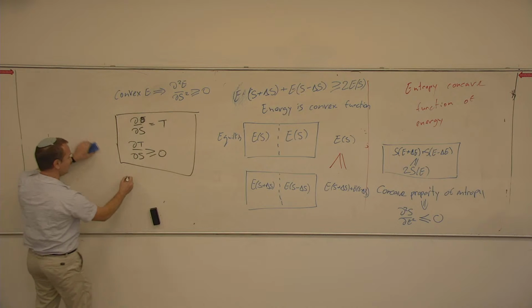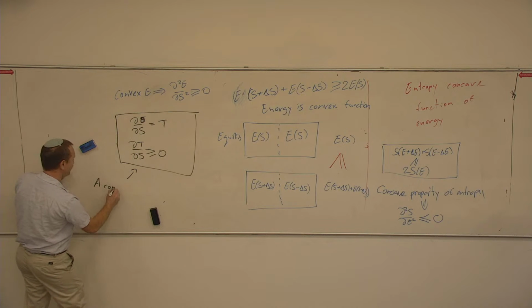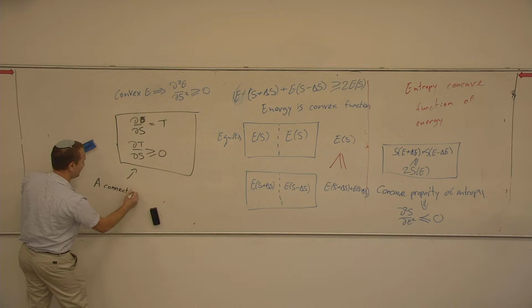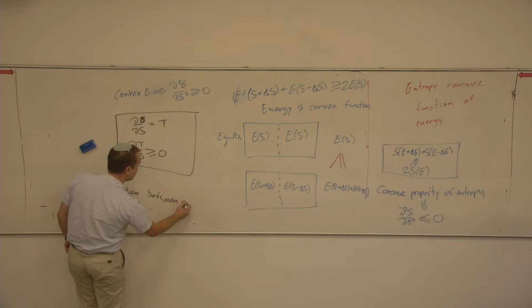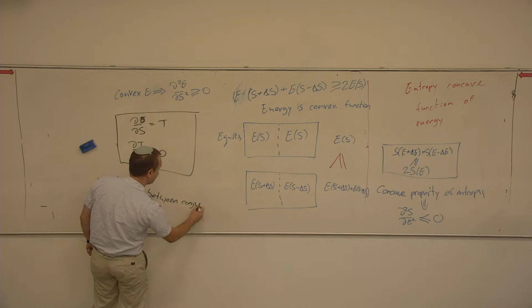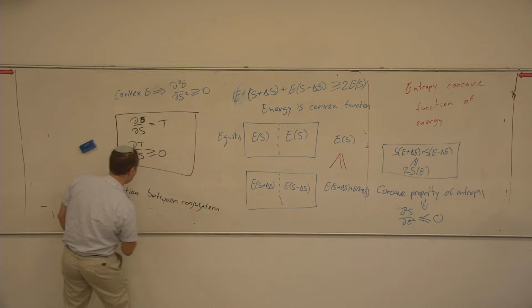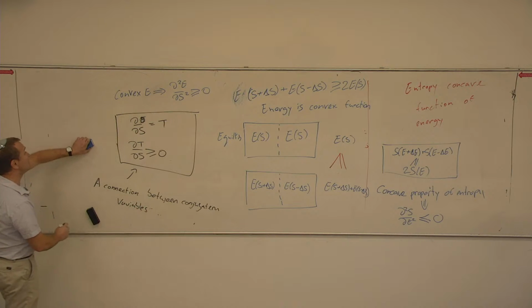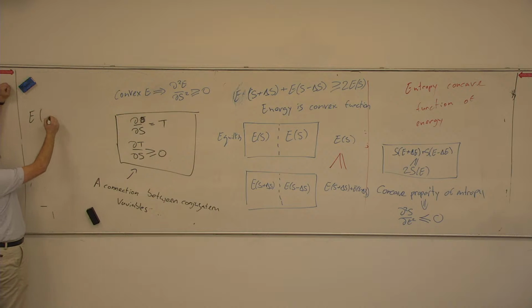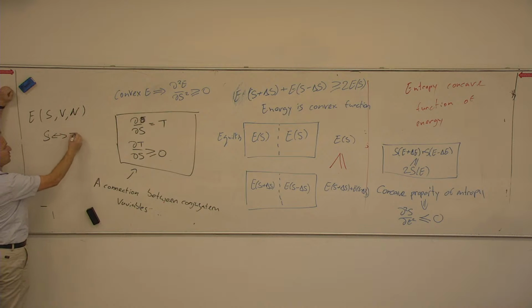Now, this is a connection between conjugated variables. Remember that E is a function of S, V, and N, for example, and S is conjugated with T, V is conjugated with minus P, N is conjugated with mu.